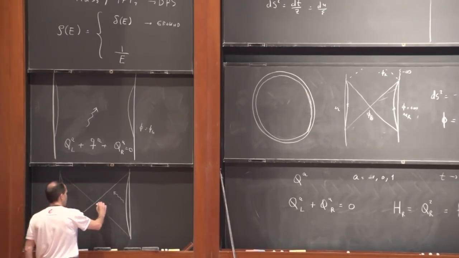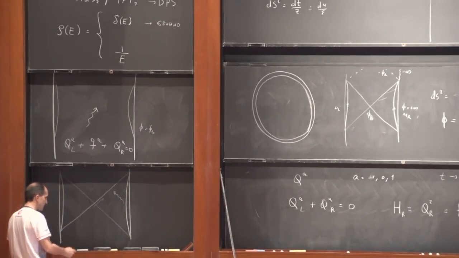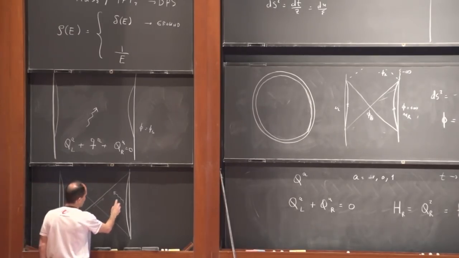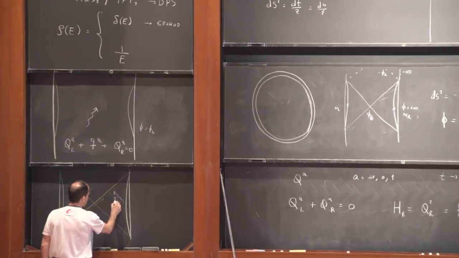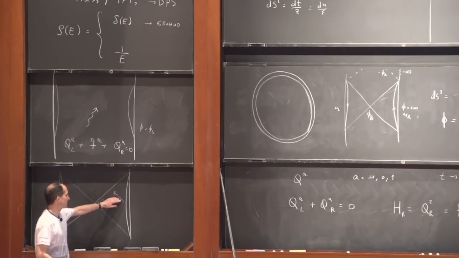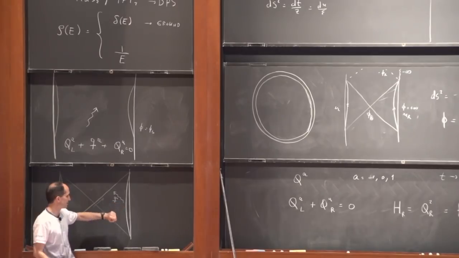So for example, if we had a particle coming in here, we want to see what happens. In this case, what happens is the following. As I said, there are some SL2 charges that this particle sends in, and one of them is the momentum in this direction. So let's think about this point. There is a momentum in this direction.